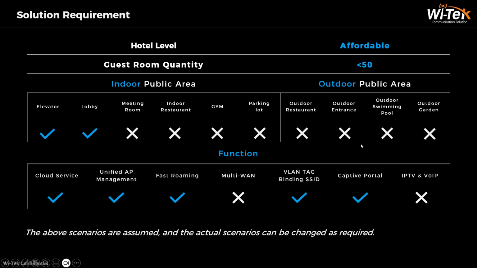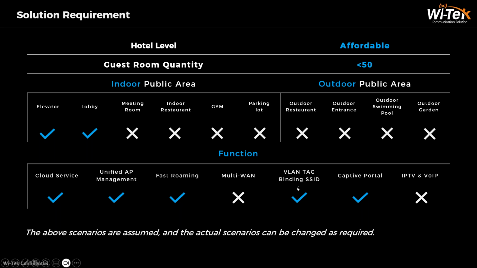For the functions, we will have the cloud service, the cloud network management system, unified AP management and faster roaming, and no multi-WAN. The multi-WAN function is link backup or load balance.